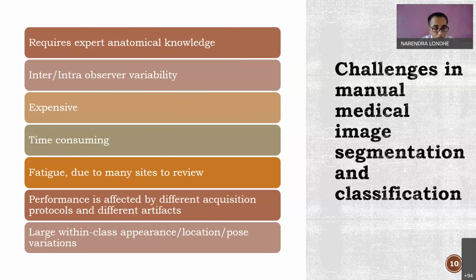Because every abnormality differs. If you find lung cancer in one patient at one particular position, you will not find lung cancer at the same location in another patient, right? So everything changes in this scenario, and due to that it becomes difficult to develop such an assistive technology for the radiologist, right?